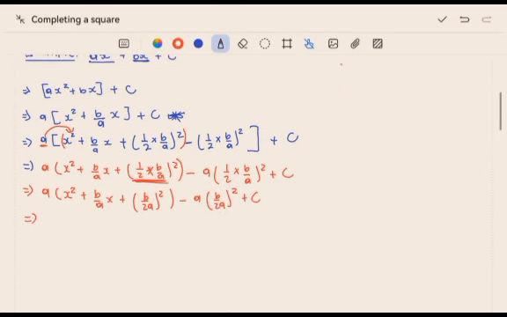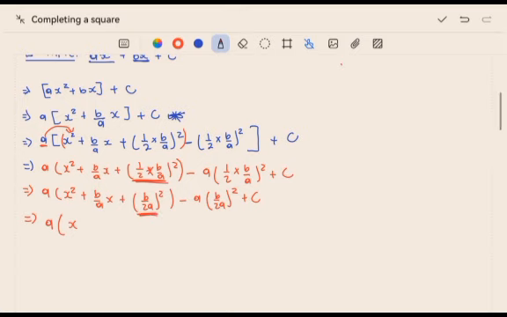And now you need to factorize this. If you factorize it, it's just easy. You just say a, and then you open bracket, you say x. After this, you take the term that is inside your bracket squared.